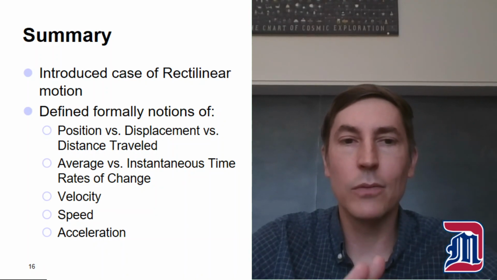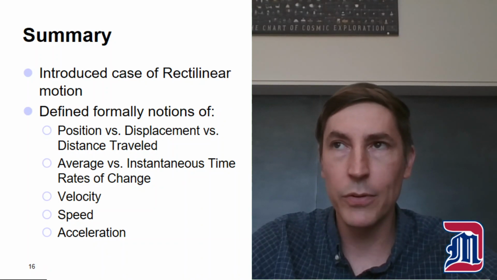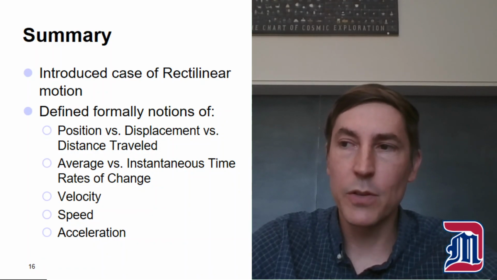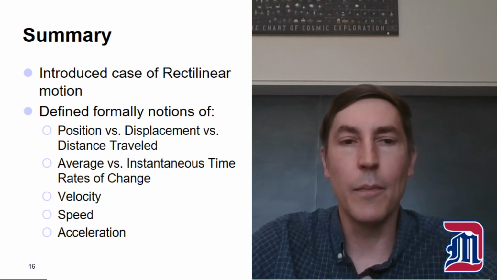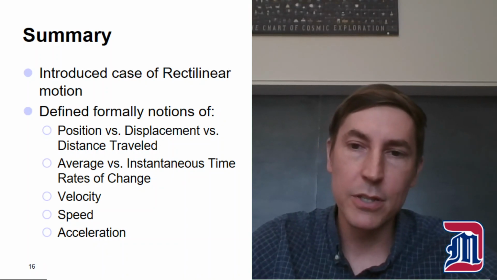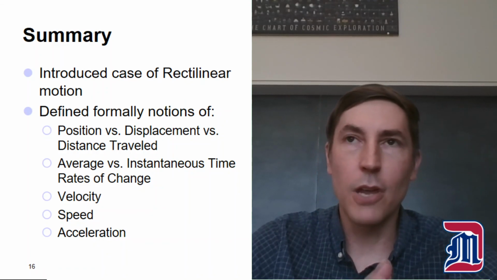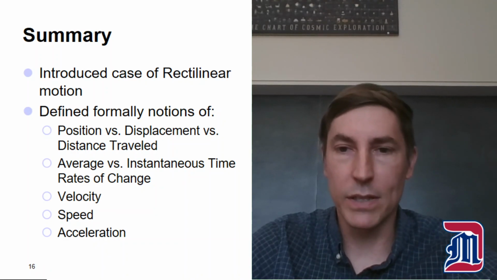What does that mean as compared to displacement, as compared to distance traveled? We talked about time rate of change. So velocity is a time rate of change, acceleration is a time rate of change. And what does it mean for an average versus an instantaneous? We then talked about what velocity is, what speed is, and what acceleration is.